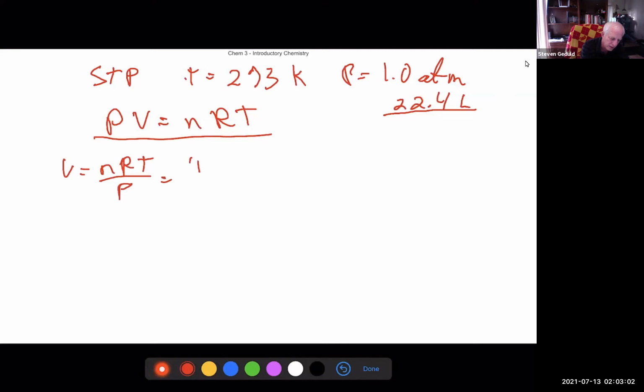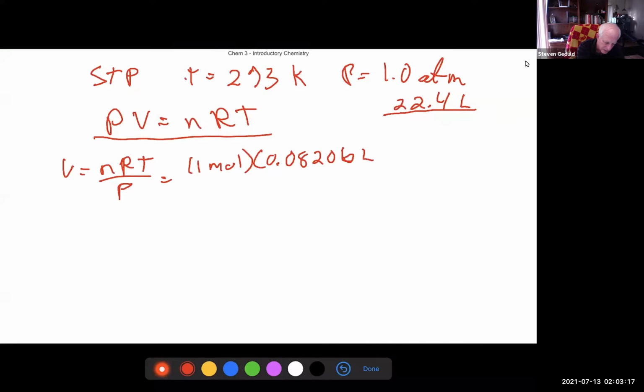N is 1 mole. R is 0.08206 liters atmospheres per mole per Kelvin. Those are just the units: liters atmospheres divided by moles Kelvin, times the temperature.